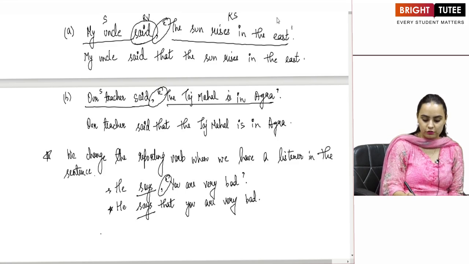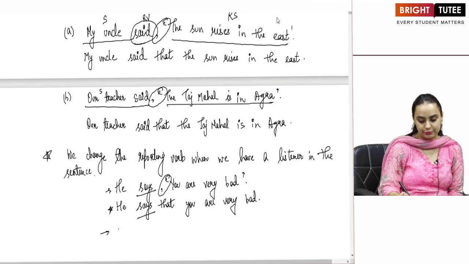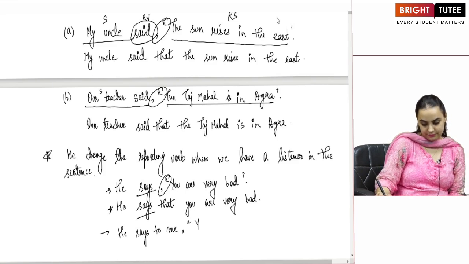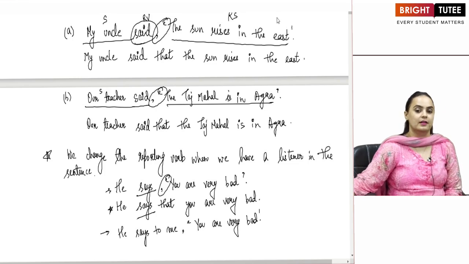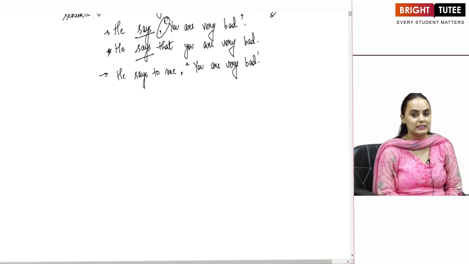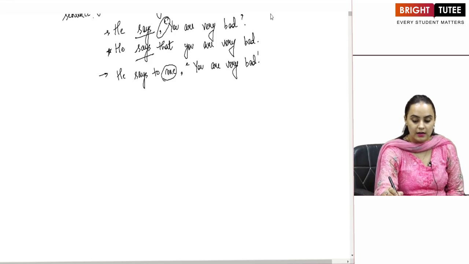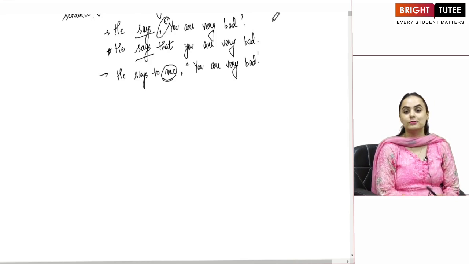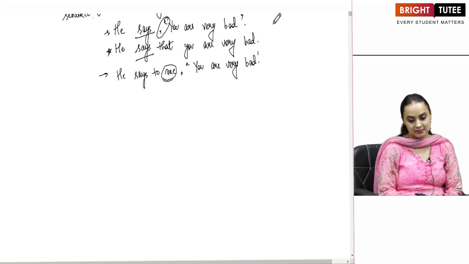Then when will we change the reporting verb? Now look at the example. He says to me, "You are very bad." Now what is the difference between the sentence written above and this sentence? Here, he says to whom? He says to me. So we have a listener in the sentence.